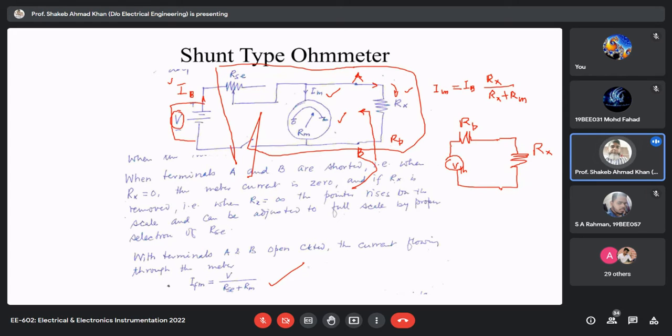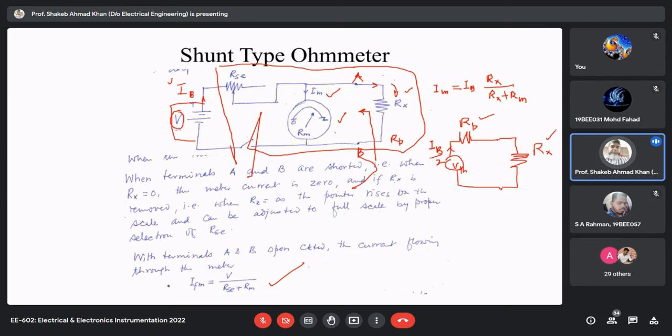So obviously half scale current will flow when half of the total battery current, IB upon 2, will be drawn from here. For that, these two should be equal.